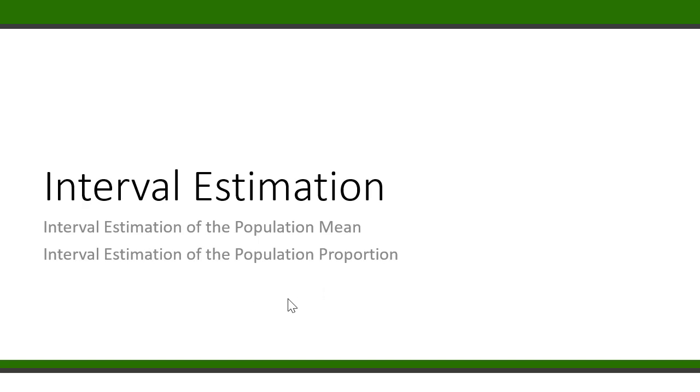Are we within 5%, or 2.5% on either side, so that we can be fairly confident that we're close to those population means and population proportions?